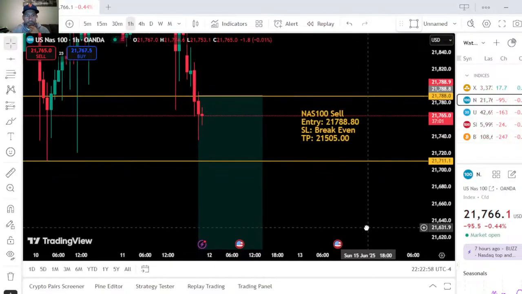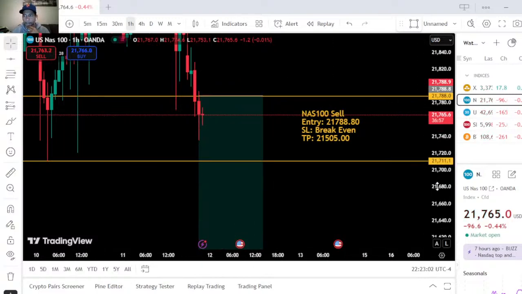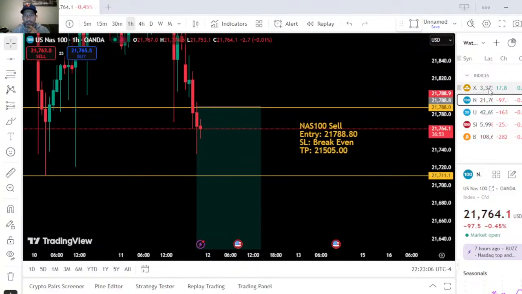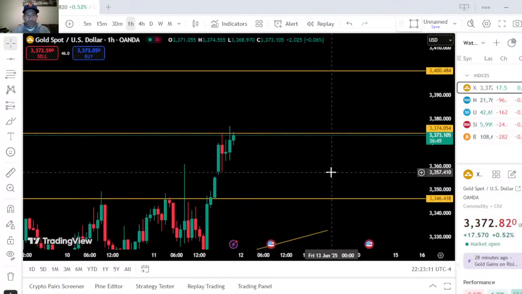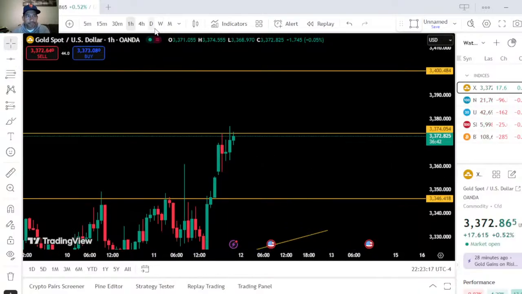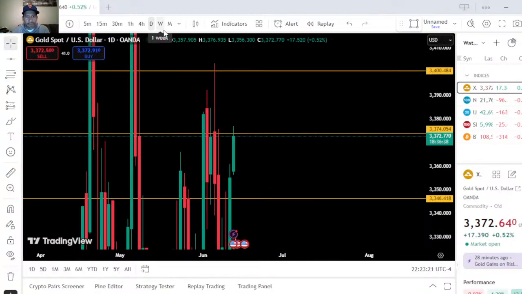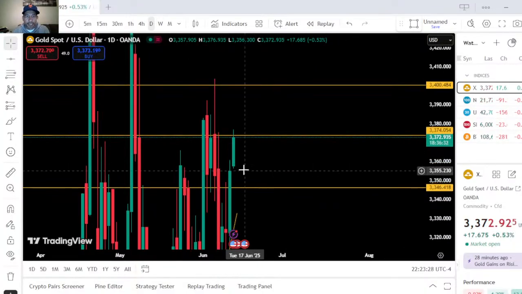All right, gang. Looks like we're stalling here a little bit. Gold looks like it wants to move up here. They're really going to, though. Really certainly wants to.